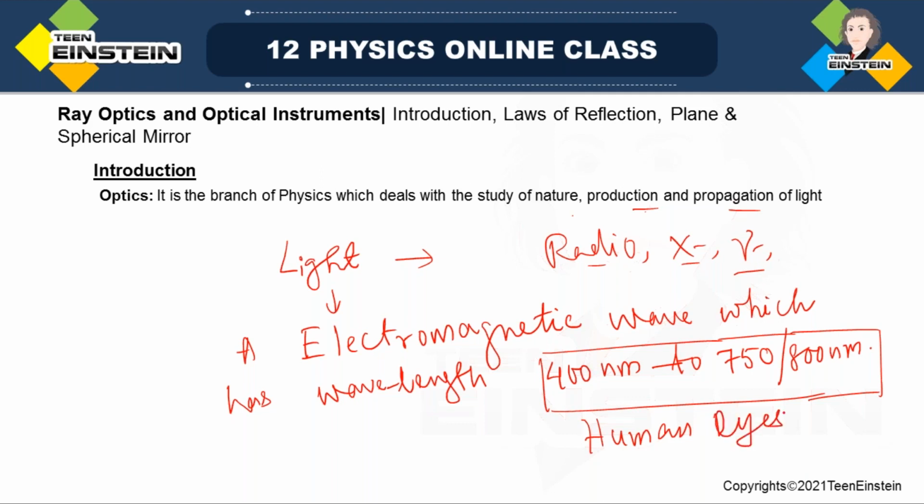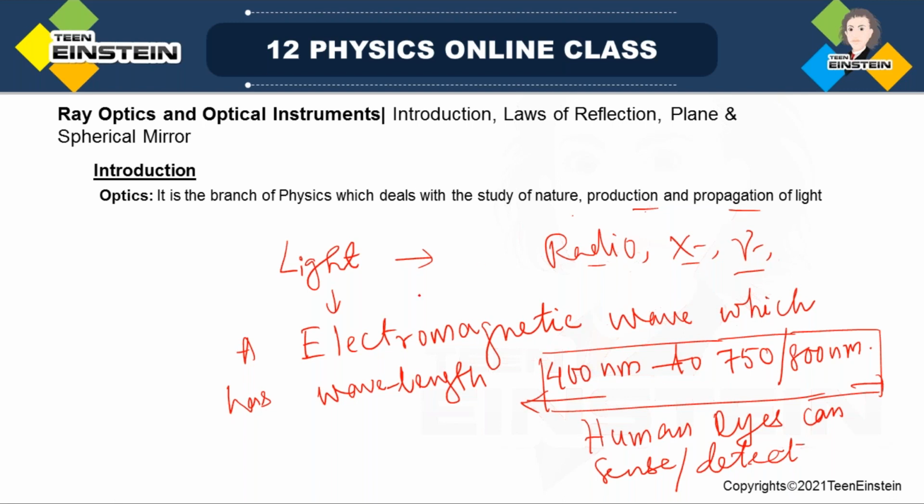Human eyes can sense or detect this range of electromagnetic wave spectrum, and this is called light.